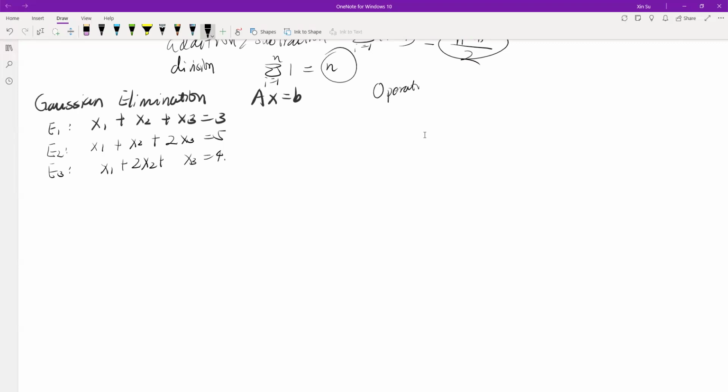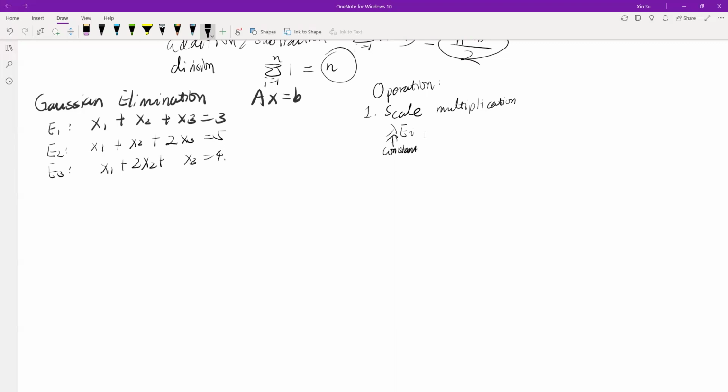So what we are going to do is use some operations here. First is the scale, the scalar multiplication, which means that for equation I, we can use lambda, which is a constant.